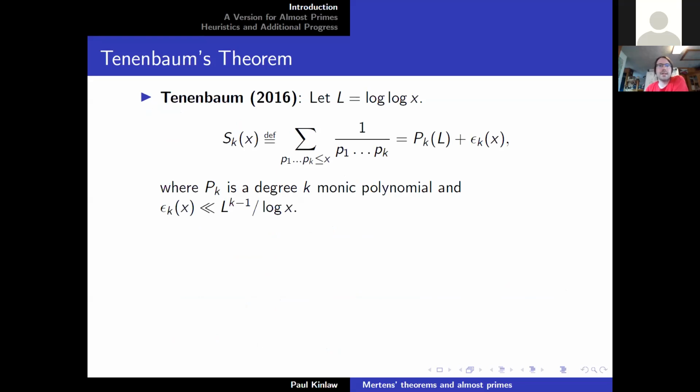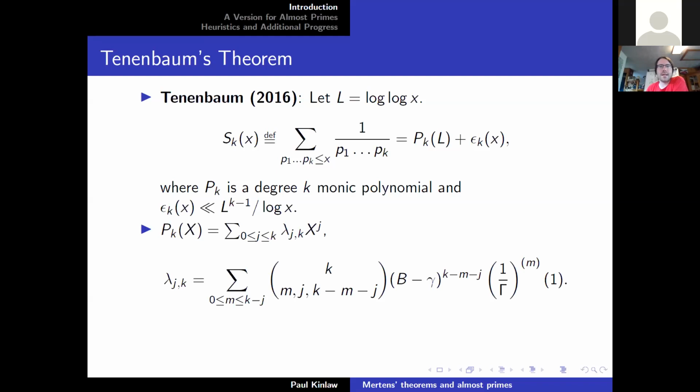In 2016, Gerald Tenenbaum drastically generalized this estimate. If we let S_k of x be the sum of 1 over the product p1 through pk, over all ordered k-tuples of primes p1 through pk whose product is less than or equal to x, he proved that this is a degree k monic polynomial in double log x plus an error term that tends to 0.